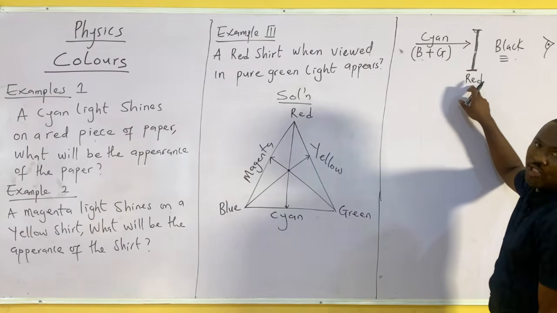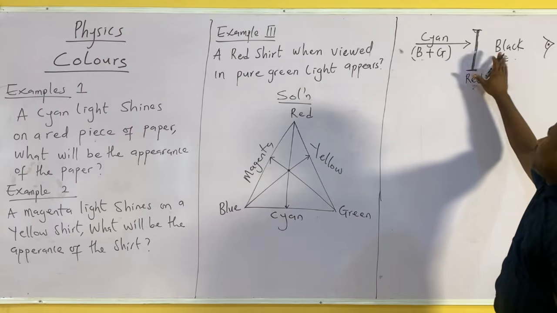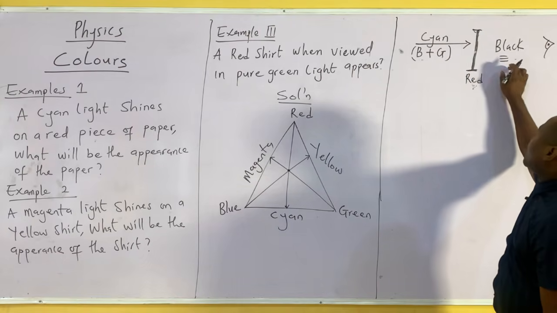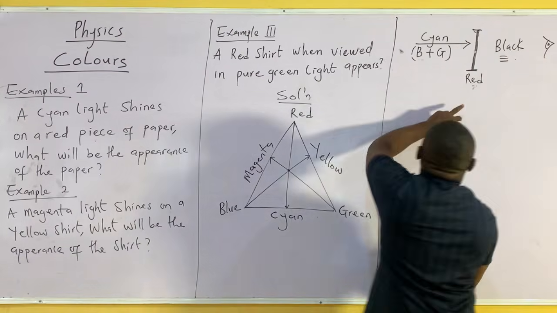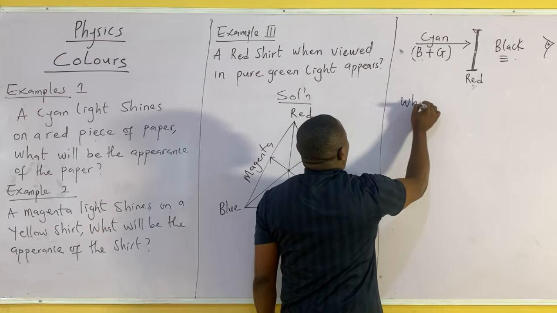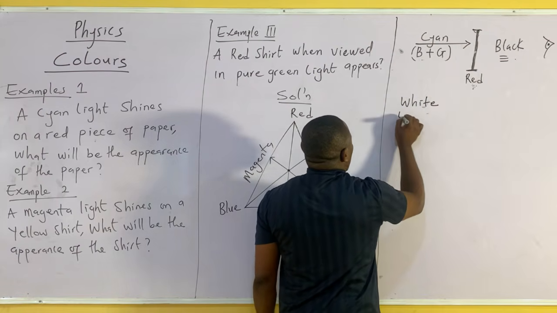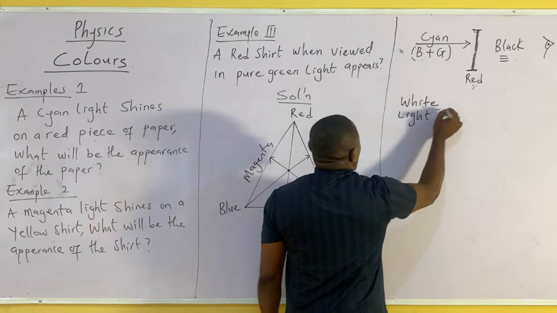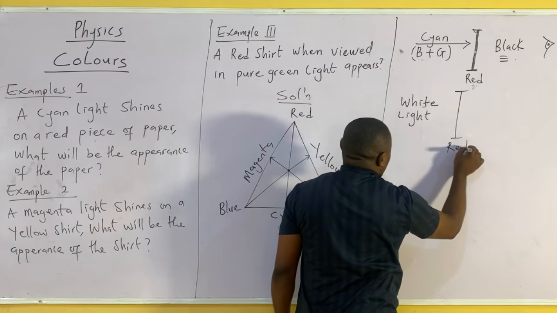So if a cyan light is shone on a red shirt, what the observer will see will be black. But let's assume it was white light that was shone on a red shirt.